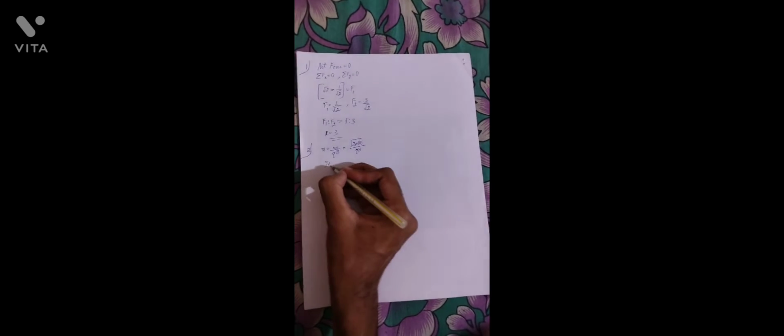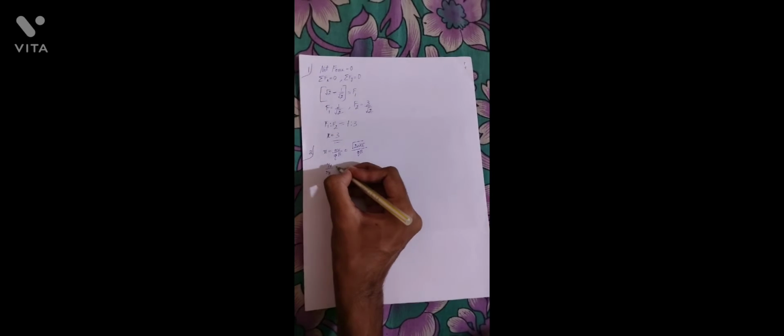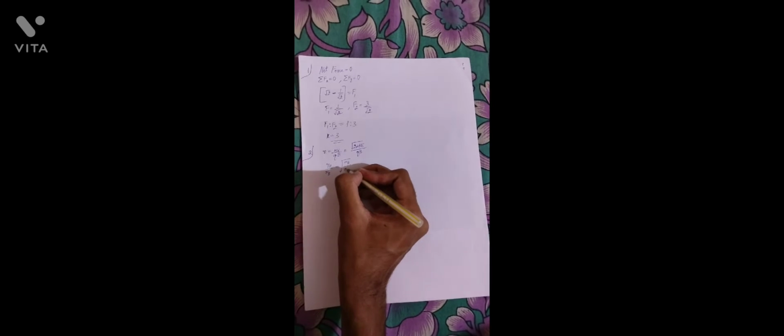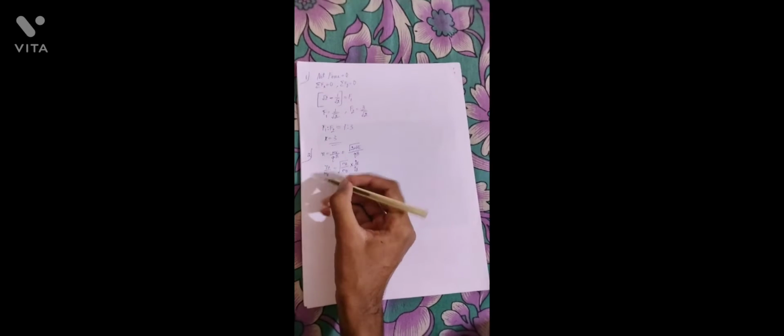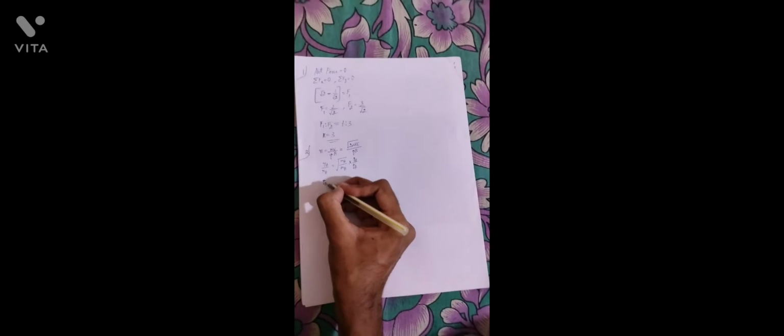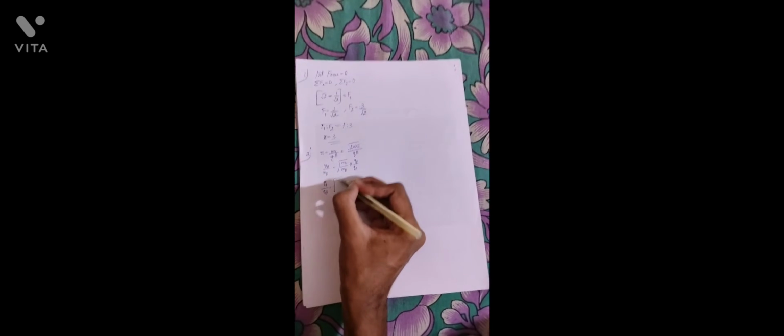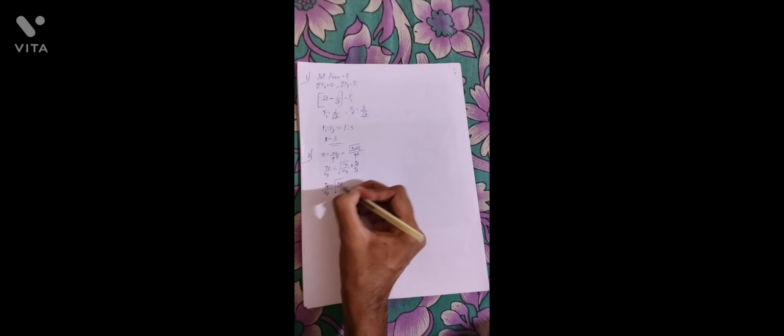Therefore RA by RB is equal to root MA by MB into QB by QA. So if we solve for QA by QB, we will get root MA by MB into RB by RA, the reciprocal.